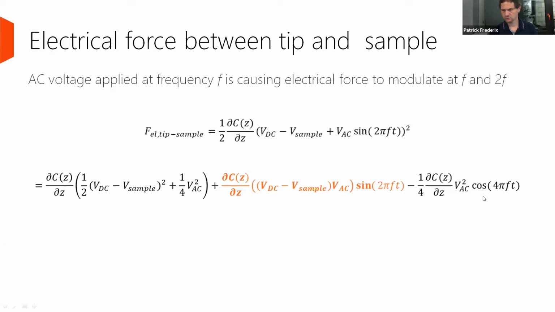And then there is also a squared dependence, a two times the applied frequency component there in the end, that depends on the amplitude of the AC voltage. But here you see again, if the constant part of the tip voltage is equal to the sample voltage, this term is disappearing. And what you can also notice here is this term is not squared anymore.